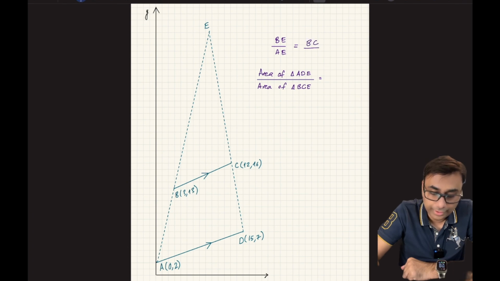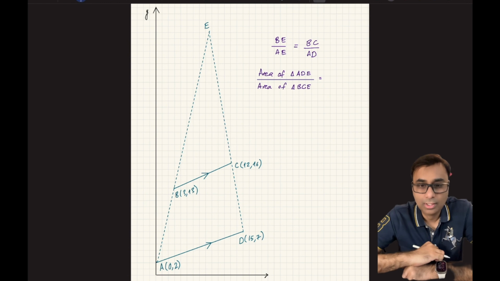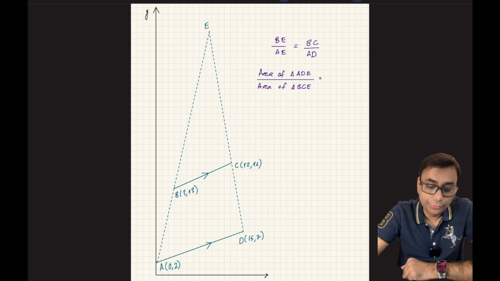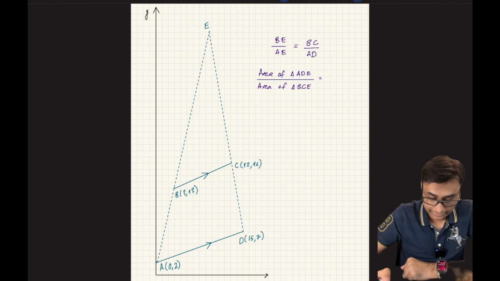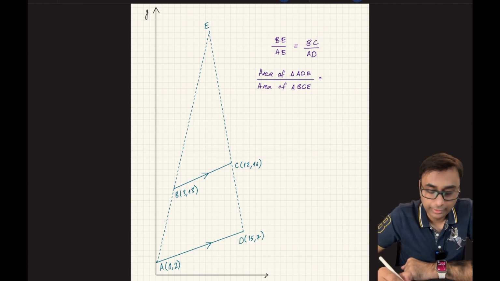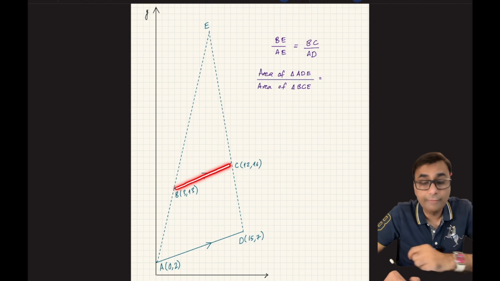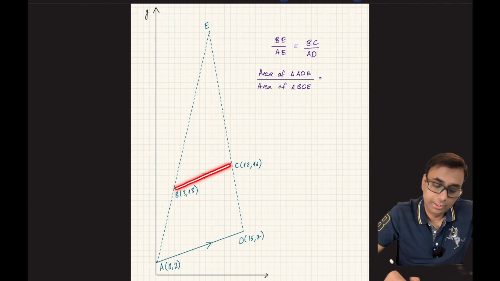BC over AD. Now, if I do BC over AD to find out the ratio of the sides, my length of working has really shortened here, because I can just get myself the length BC by applying the distance formula. I don't have to find out the coordinate of E now.